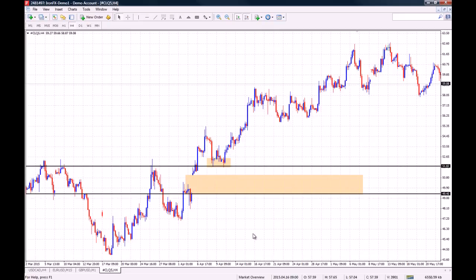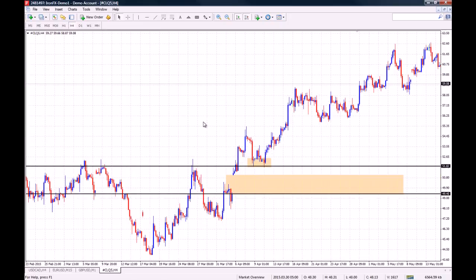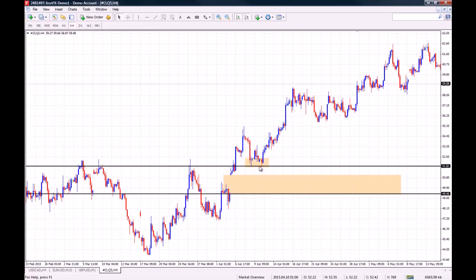Now, the reason we're going to buy call options for the weekly expiration is that, first of all, we didn't close the gap, and second of all, we broke with these previous highs, and then we tested these highs as support before moving up.